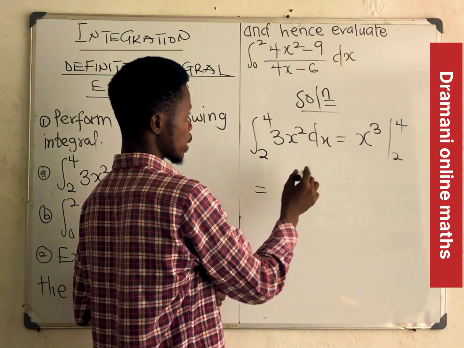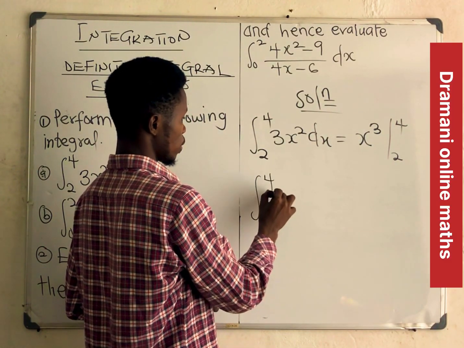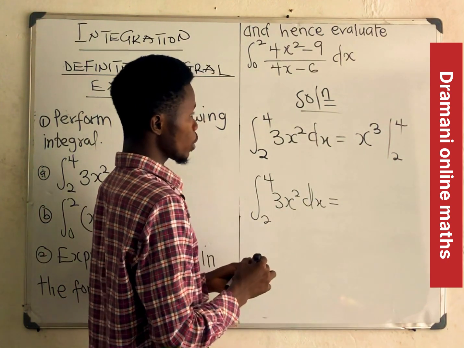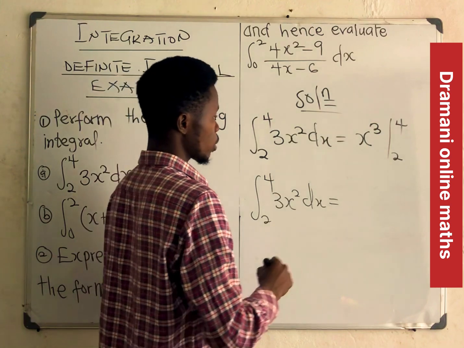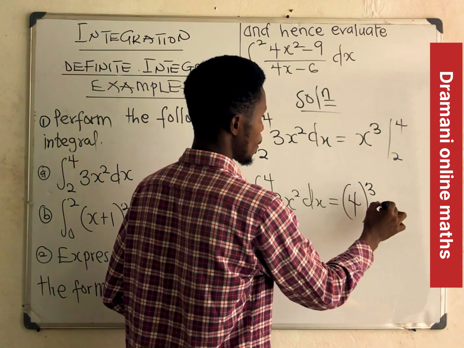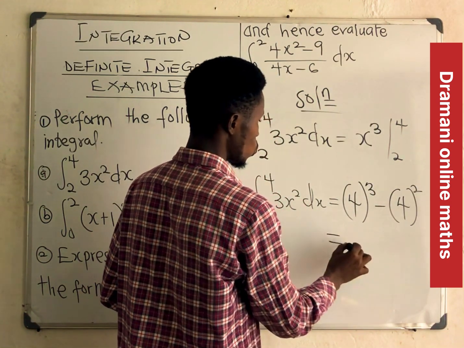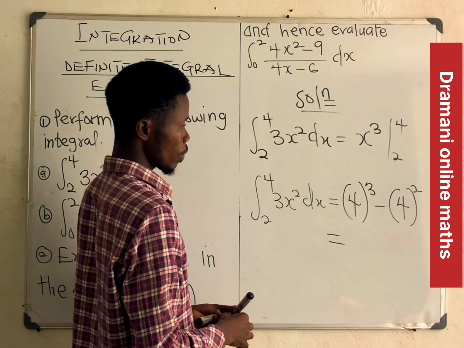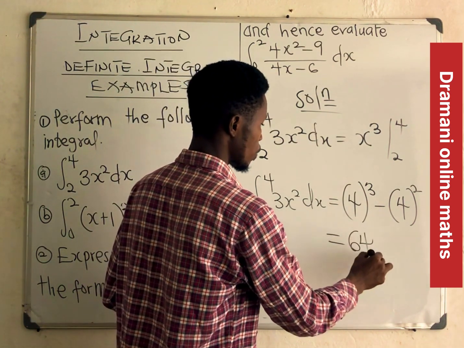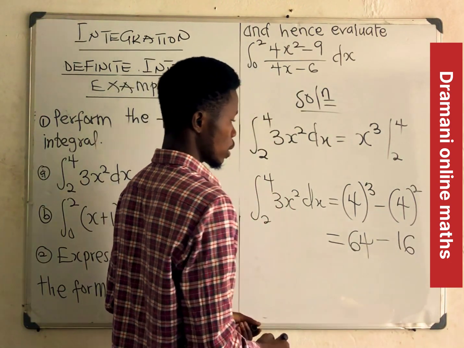The integral of 3x squared dx equals, with the upper limit first, 4 cubed minus 2 cubed. So this is going to give us 4 cubed, which is what? 64. And 2 cubed is what? 8. Is that okay?